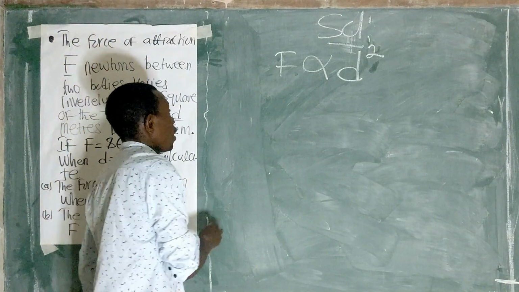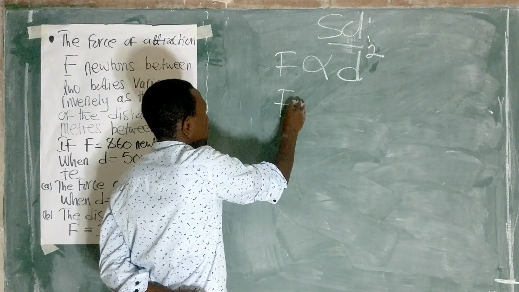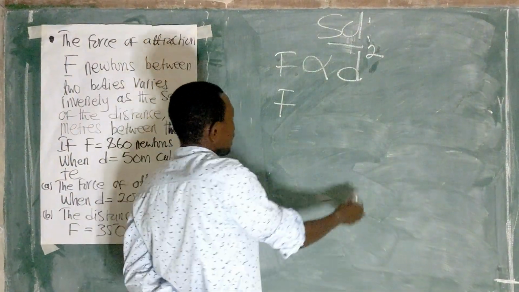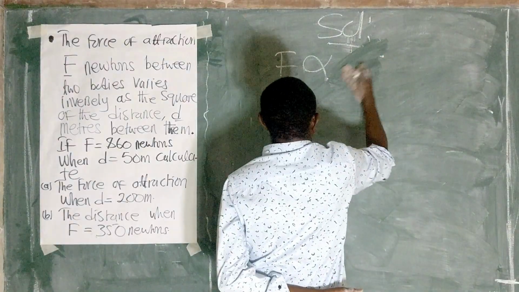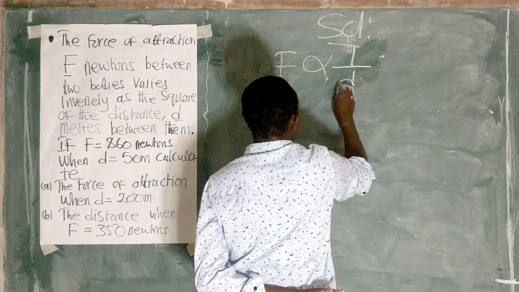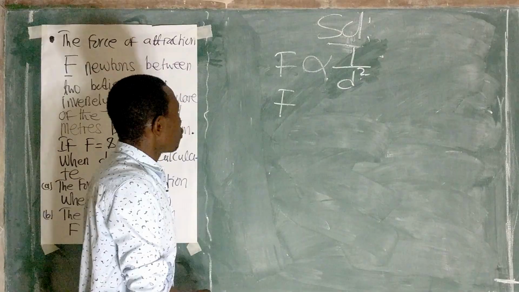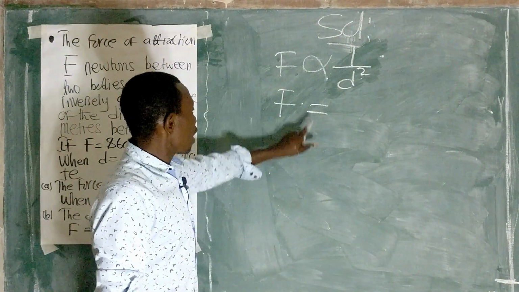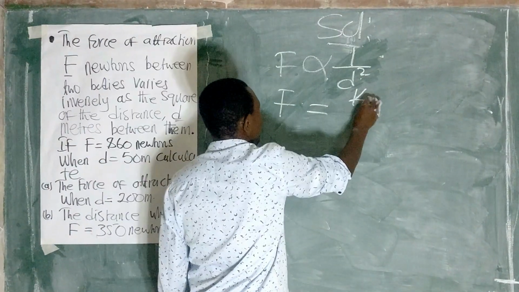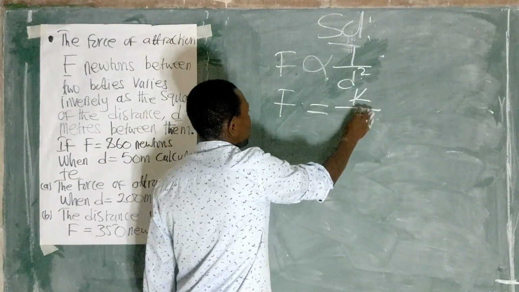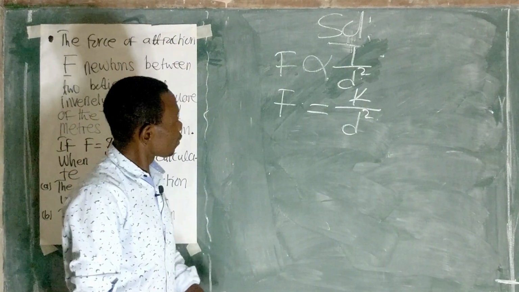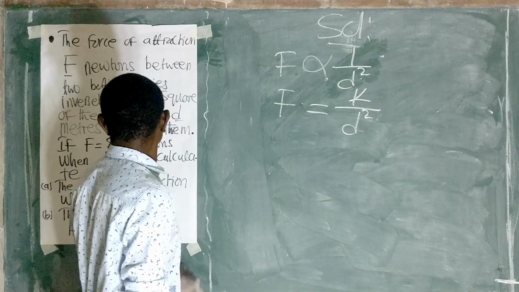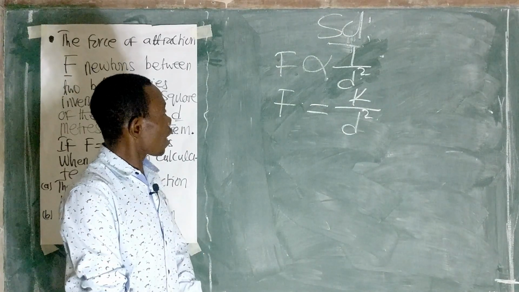So that equation will be F is equal to, on top there as numerator should be k, and down here should be what? d squared, like that. You see what we have here? Right, F varies inversely as the square of d.